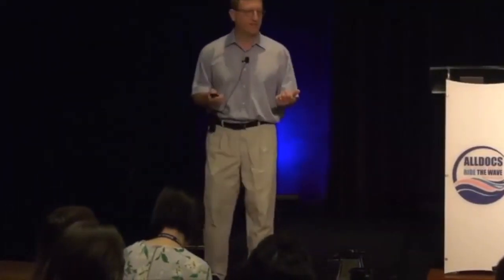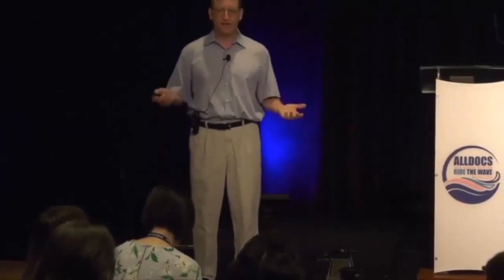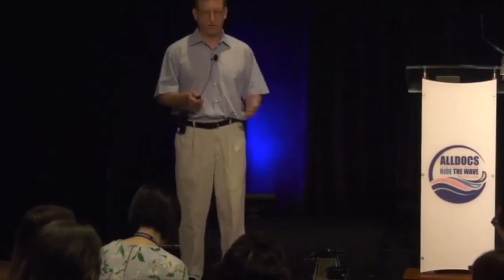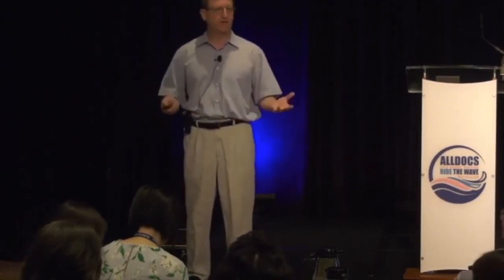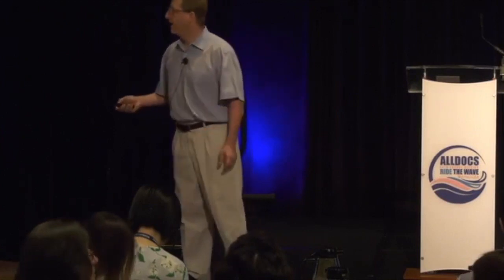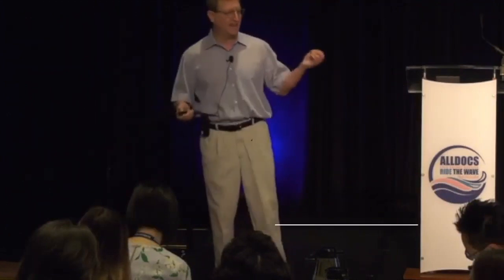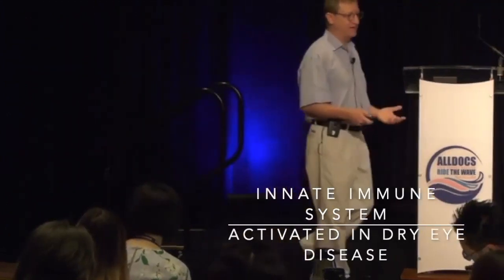Because when you have these surface stressors and you start revving up the system, your body, your eyes, your skin, think that this is like a bacteria or a virus, and you've got to keep yourself alive. And so this cascade of inflammatory events is really designed to keep you alive, but it's inappropriately being activated. And all these different cells get activated. Okay, it's the innate immune system that gets activated in dry eye disease.